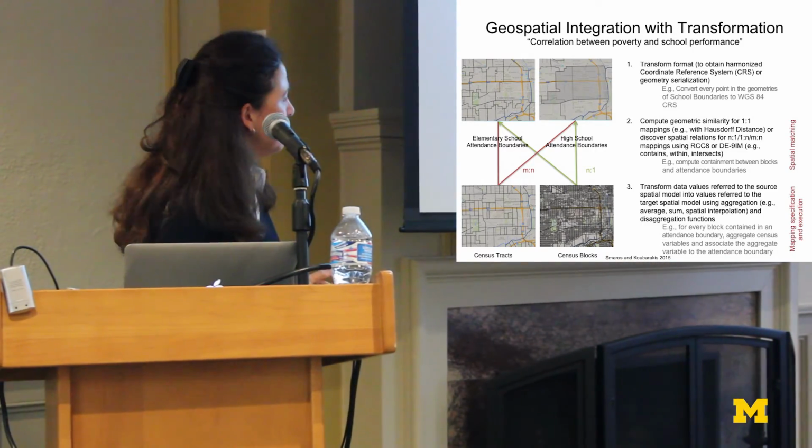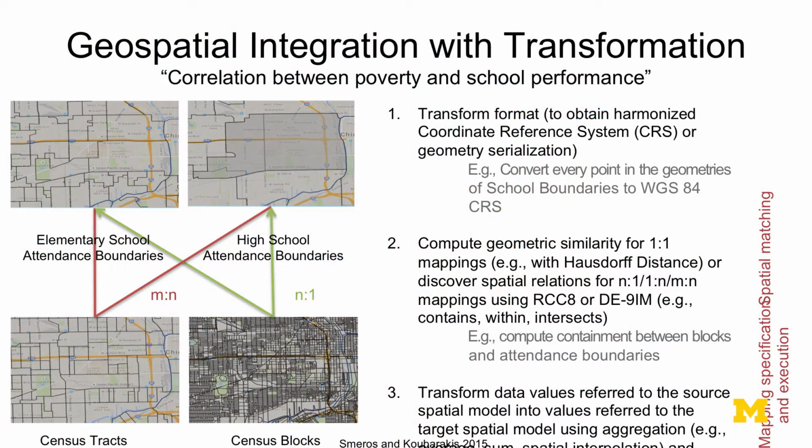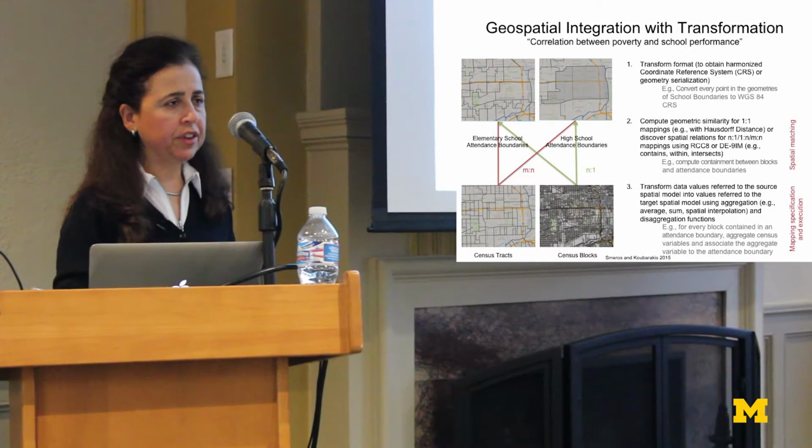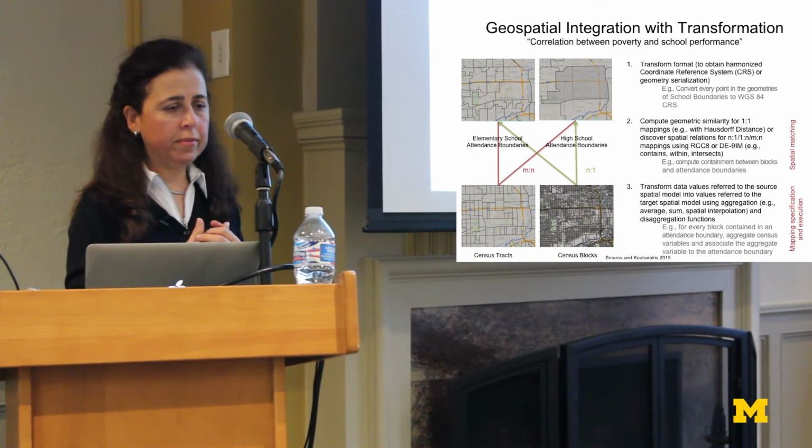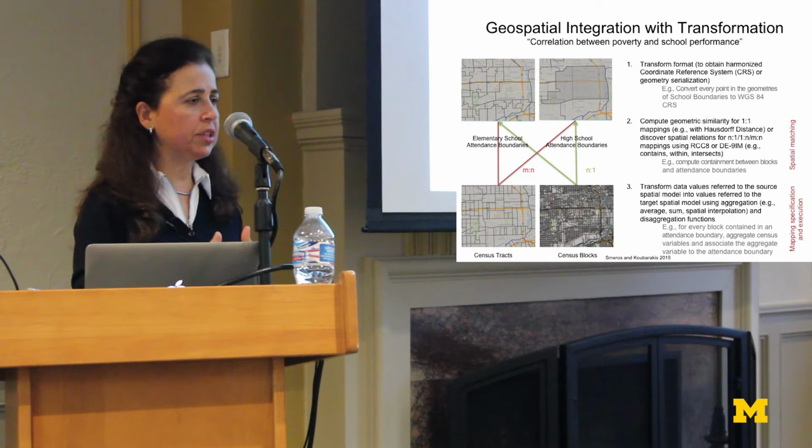So for each case, really, we have to do several operations: aggregation, that could be average or sum, spatial interpolation, and we may have to do disaggregation functions as well to convert everything to a format or to a semantics that actually have the same meaning.